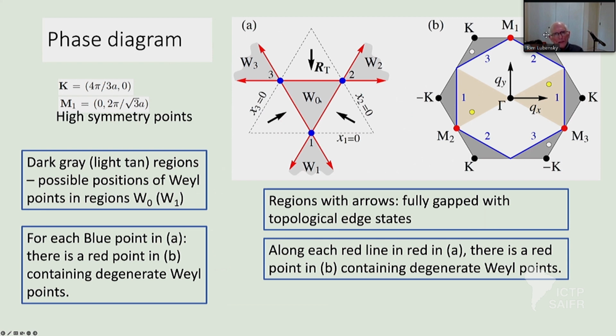So W0 is a phase where we have pairs of Weyl modes. There's sort of a conservation law for the zero modes. Birth is given to them along these red lines, so along these red lines you have a pair of sites that have zero energy.